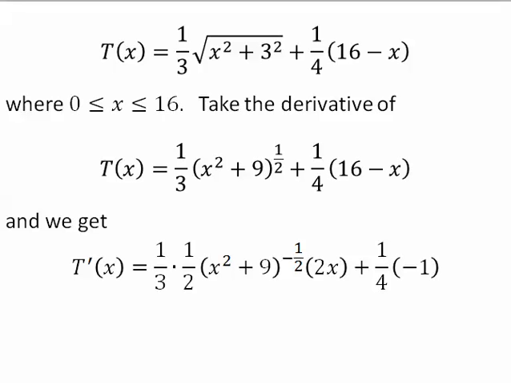The derivative of 16 minus x is just negative 1. Simplify that. Put the negative exponent down in the denominator. The 1/2 and the 2 cancel. And now let's change it back to radical notation.